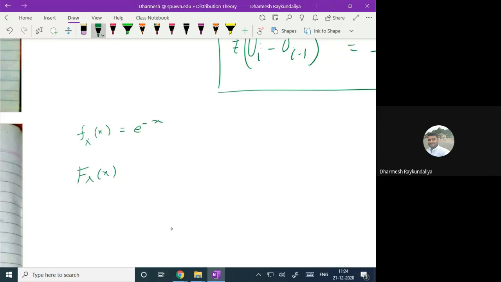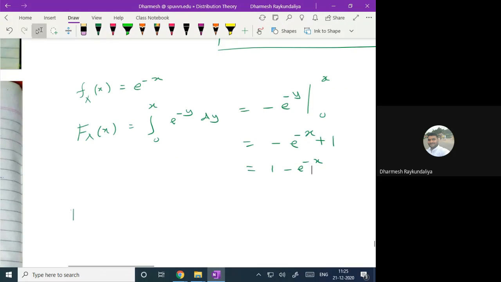It is the integral from 0 to x of e raised to minus y dy, which is minus e raised to minus y from 0 to x. Putting in the limits, it is e raised to minus x with minus sign, and then plus e raised to 0 which is 1. So it is 1 minus e raised to minus x.